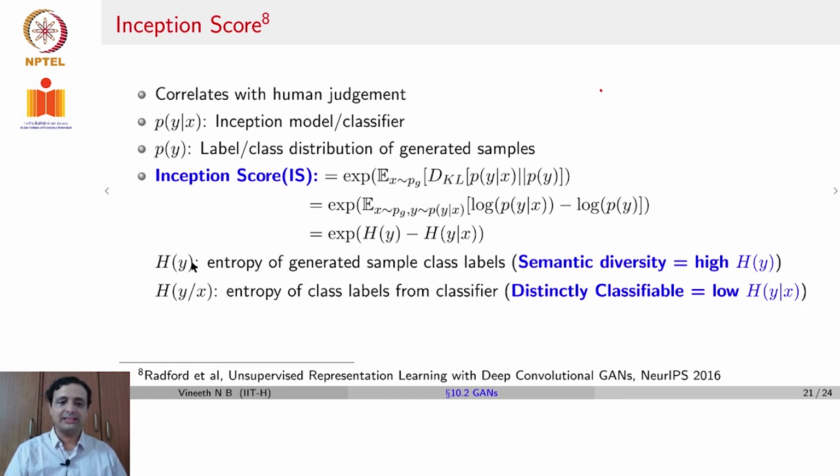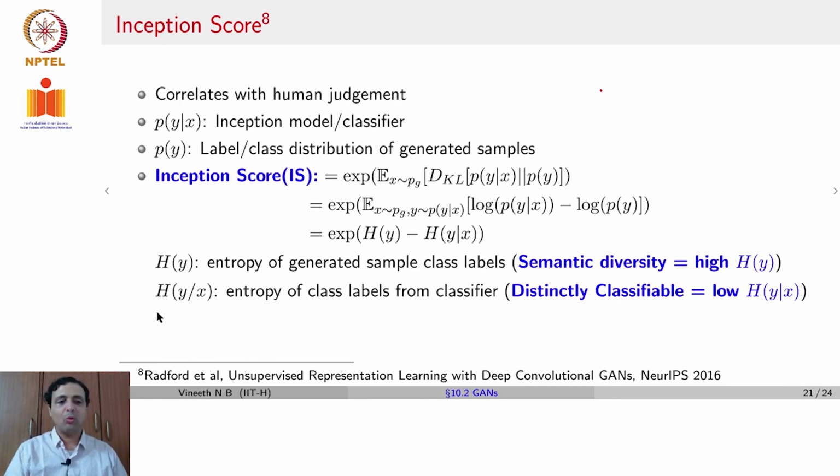What are these quantities? H of y is the entropy of generated sample class labels. Remember, semantic diversity would mean that you have a high H of y entropy, so you're generating samples from all different classes. A high entropy means equally distributed class labels in your generated data distribution.